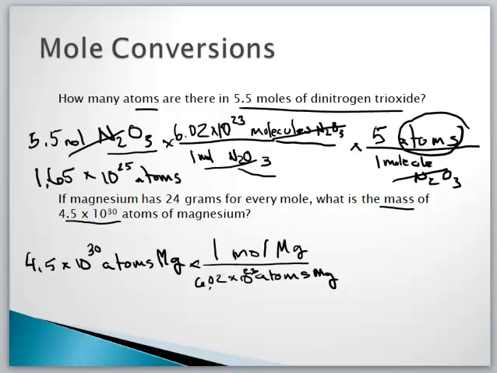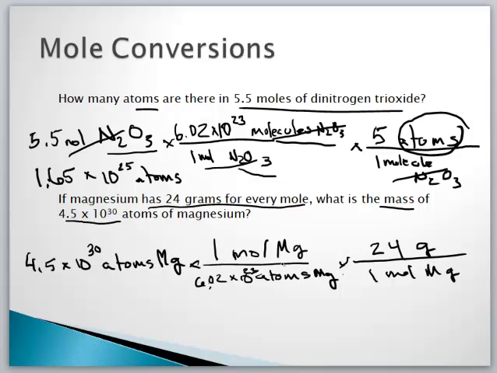a mole of magnesium. But we want grams, and it says here that there's 24 grams for every mole, so one more conversion, we can say 1 mole of magnesium is equivalent to 24 grams. So again, atoms will cancel, moles will cancel, and we're going to be left with grams.